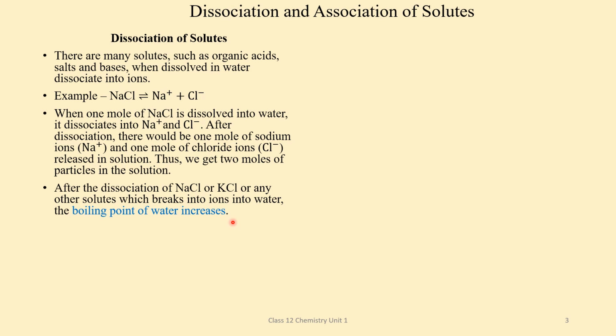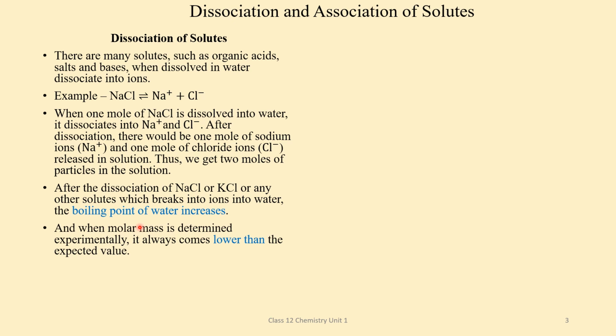So in the case of dissociation, the boiling point of water increases. Please note down. And when molar mass is determined experimentally, it always comes out lower than the expected value.